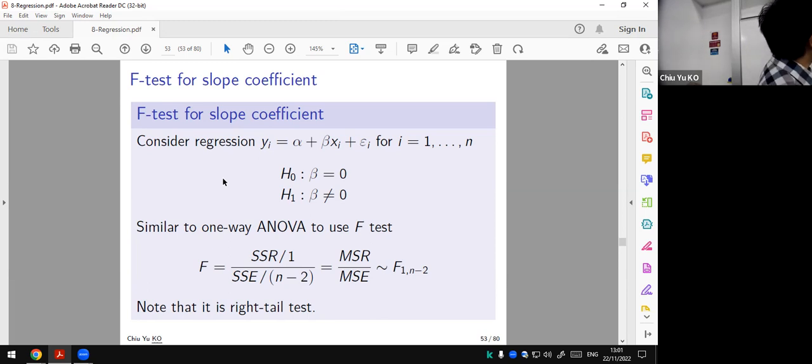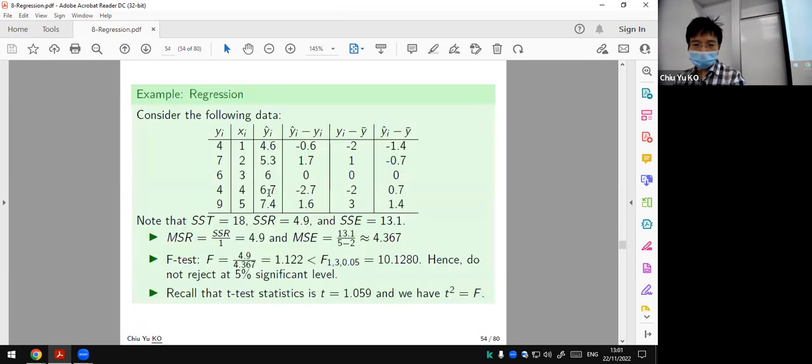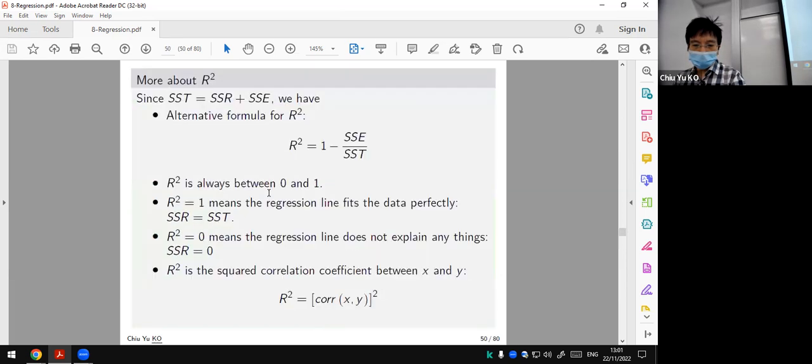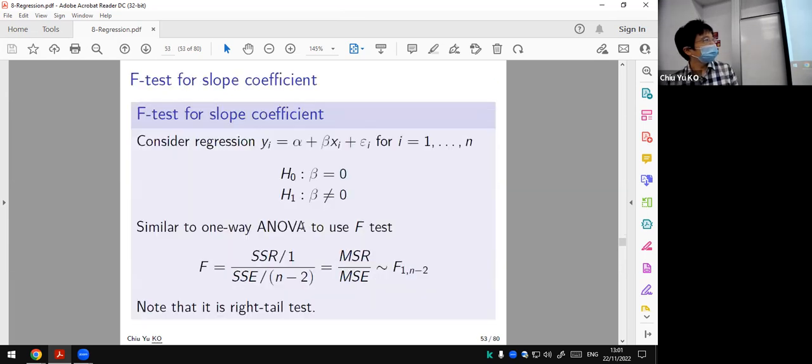When you have multiple regression, then the F test and the t-test will be different. But we just keep it here. The reason we introduce this is because it will lead us to what we call R-square, how fit your model is. But let's delay it until we're done.